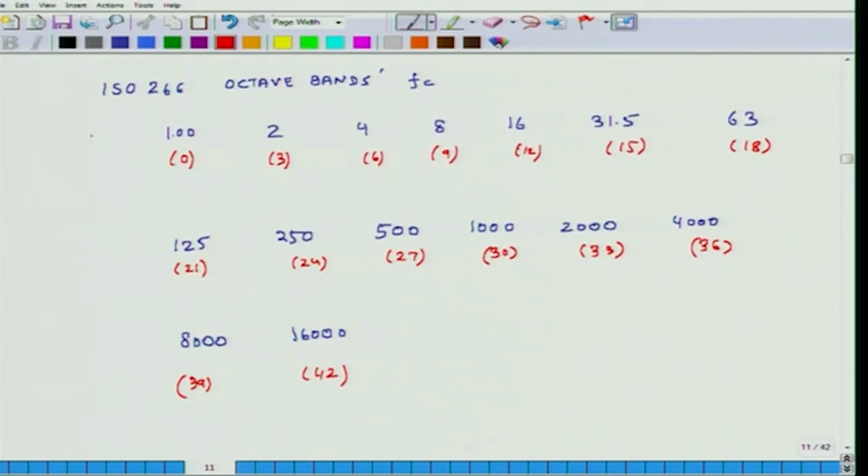Okay, so this is my center frequency, this is my band number, and these are center frequencies.